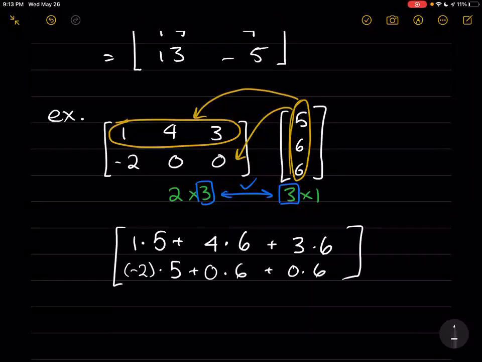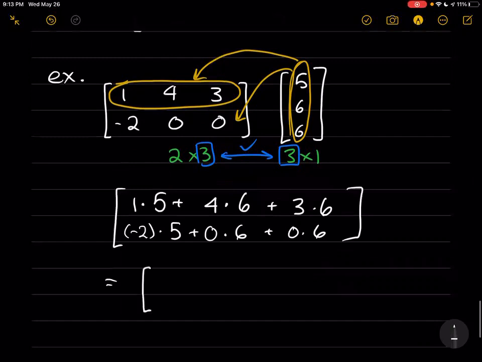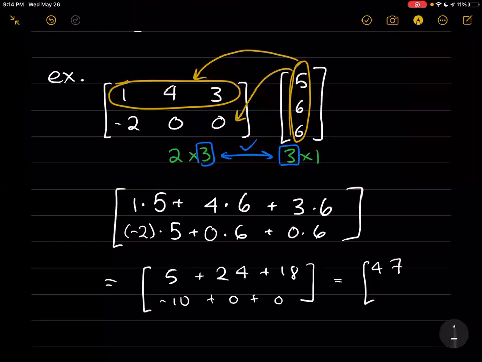And then if we simplify this, we get 5 plus 24 plus 3 times 6 is 18. And then we get -10 plus 0 plus 0. So this is going to be 5 plus 24 plus 18, I think that works out to be 47. And then we get -10.